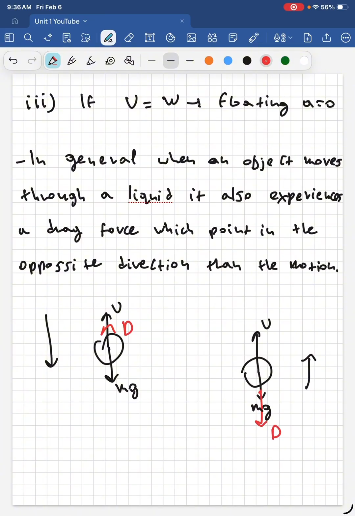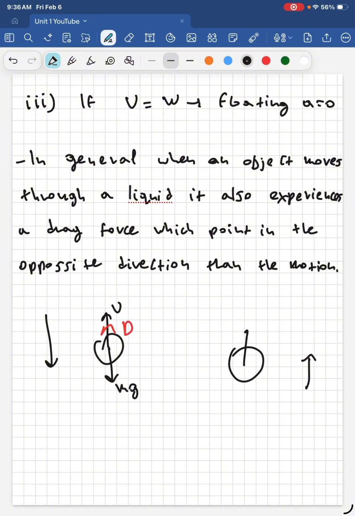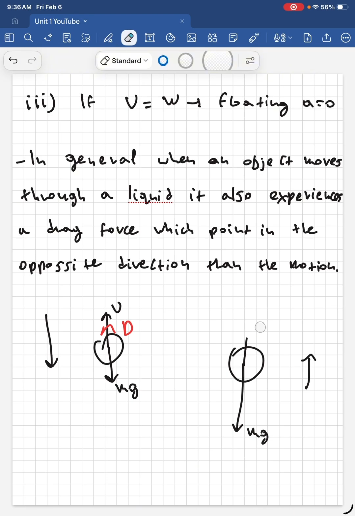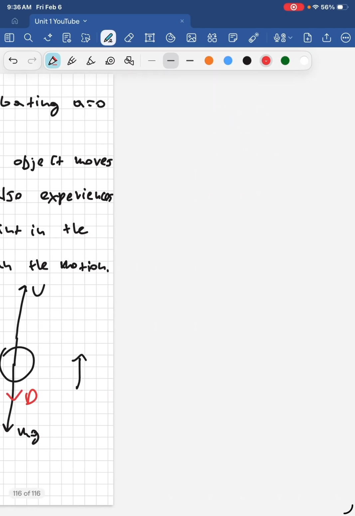Actually, if you want to be precise, the drag force is a small force, so it should be a smaller vector than the weight. Now this is also wrong because the upthrust needs to be larger, so that's the upthrust, and maybe that's the drag force. Something like that. All right, let's move on.